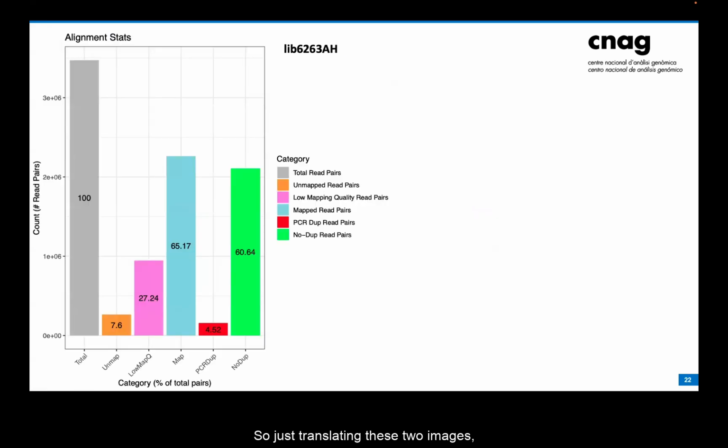Just translating these two images, although I need to improve these plots, the total will be the total number of reads sequenced, and these three, the unmapped, the low mapping quality, and the mapped, will add up to 100. Okay? So the mapped is whatever was mapped to the genome. That means that maybe you could have mapped one read, but not the other.